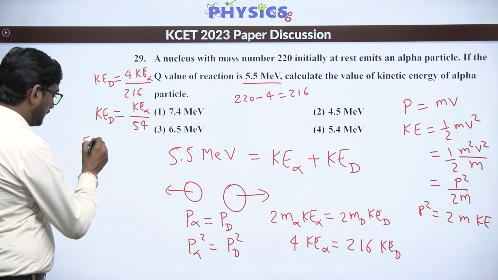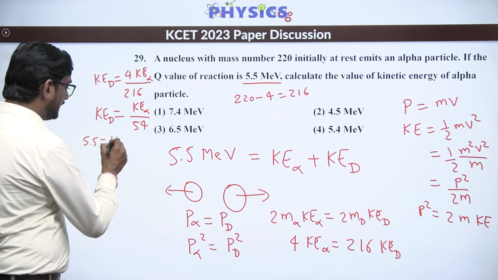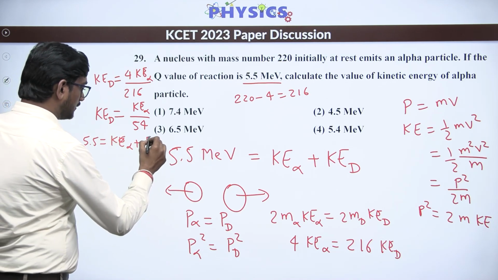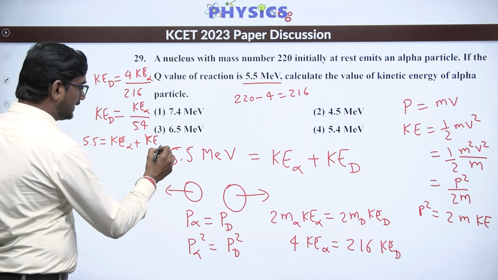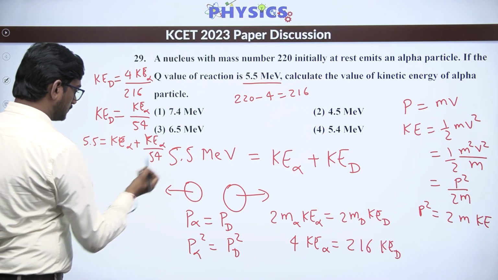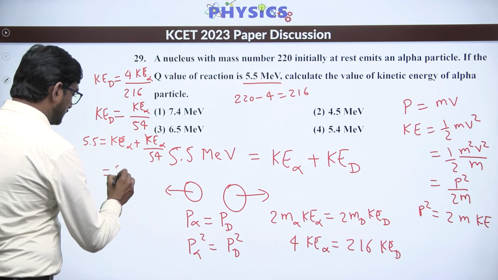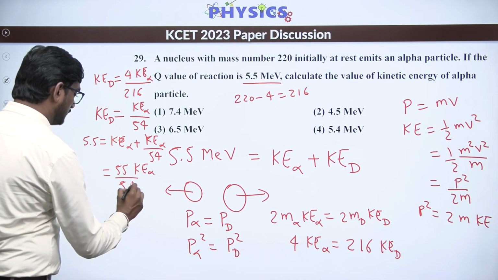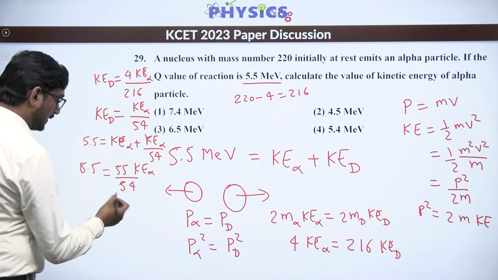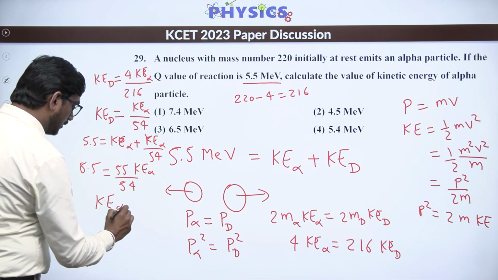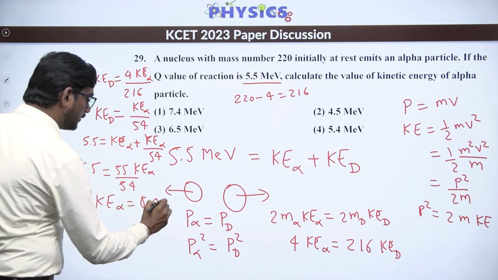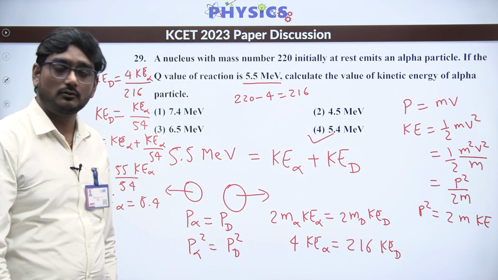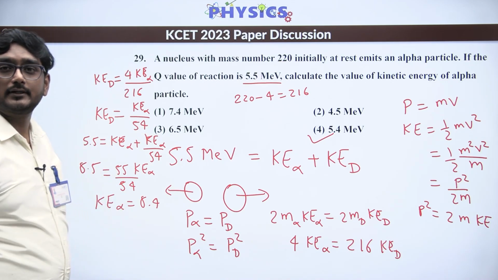So 5.5 will be equal to the kinetic energy of the alpha particle plus the kinetic energy of the decayed particle. So this will be 55 times the kinetic energy of the alpha particle by 54, and that is equal to 5.5. Simplifying this, the kinetic energy of the alpha particle comes out to be 5.4. So the correct answer in this case is 5.4 mega electron volt. I hope you have understood this question, right?